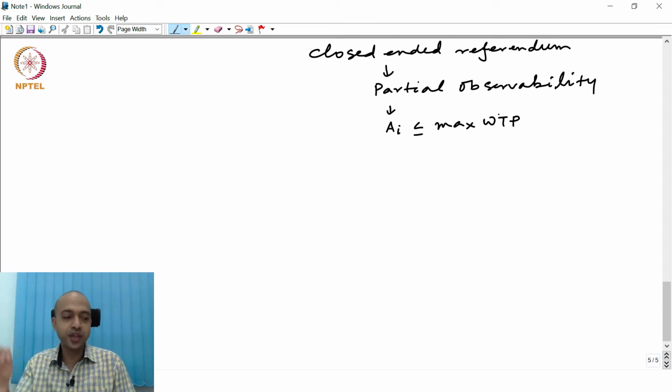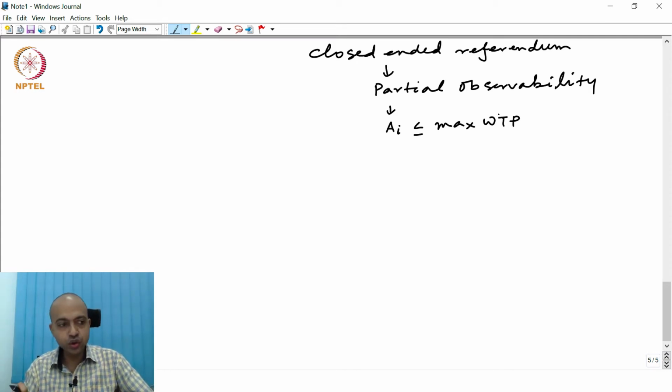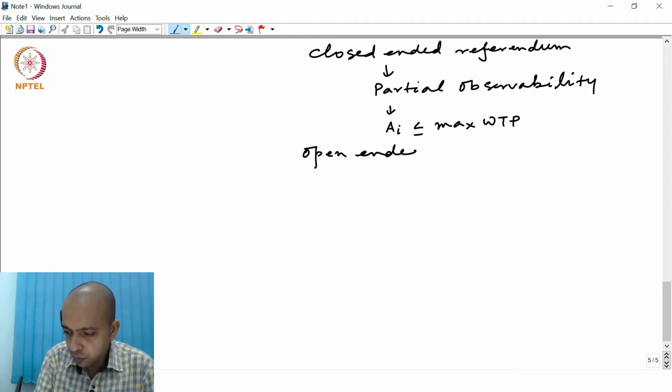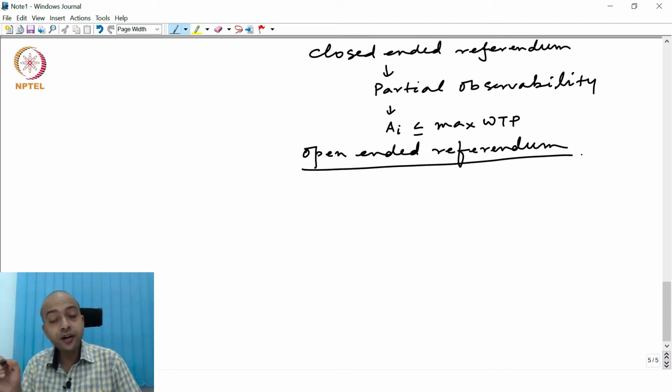Now to overcome the partial observability problem of this closed-ended referendum, sometimes we use the open-ended referendum also. Now what is this open-ended referendum?